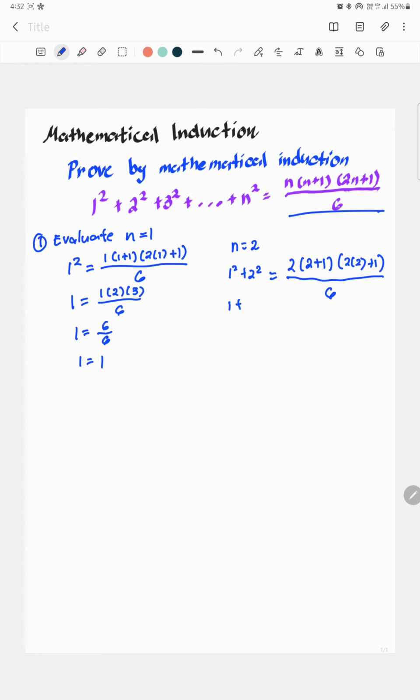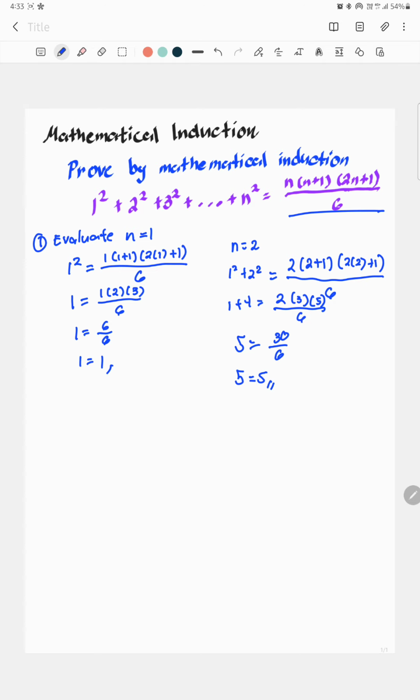So 1 plus 4 equals 2 times 3, then 2 times 2 is 4 plus 1, which is 5. So we have 2 times 3, that will be 6, times 5, that will be 30 over 6, and therefore 5 is equal to 5.